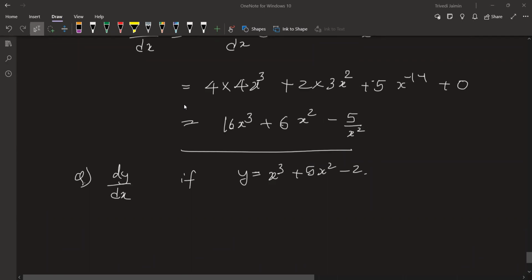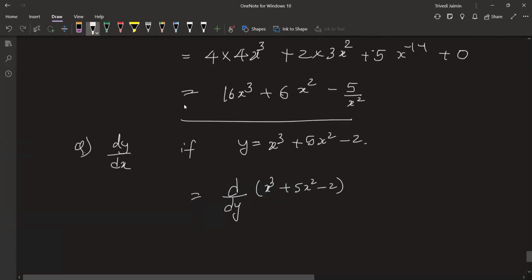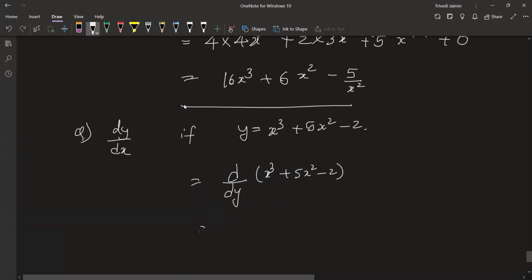So if I solve with this one here, check with the answer, Samita. x cube plus 5x square minus 2. So if we differentiate, 3 will be outside, means front. It will be dot front, down.